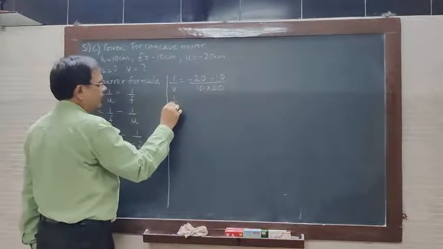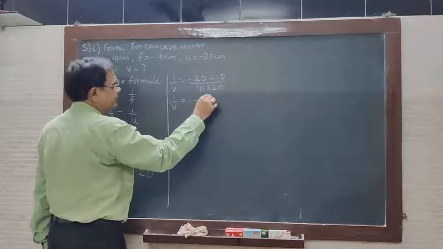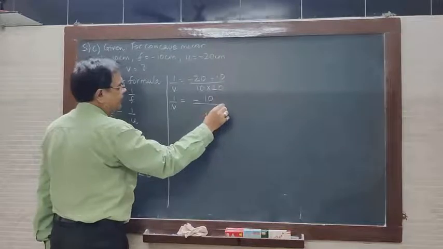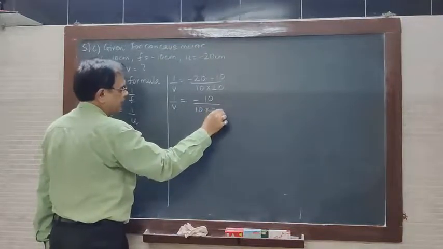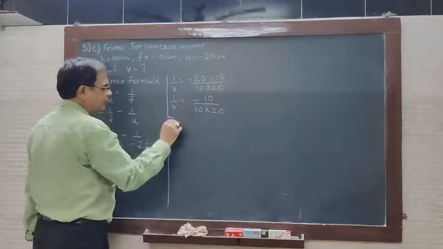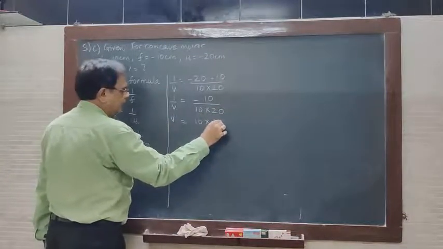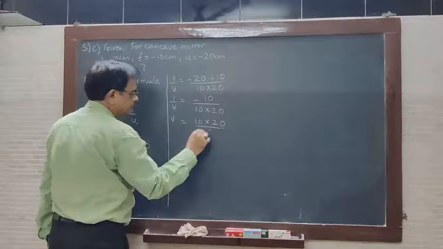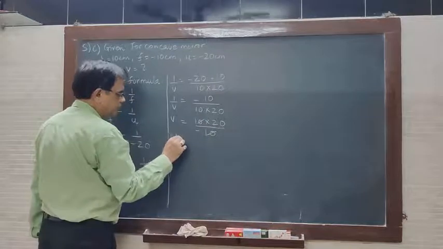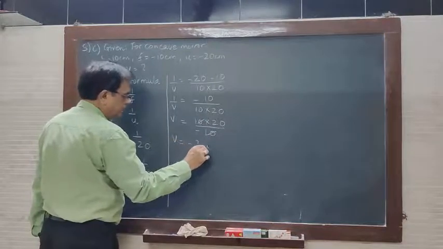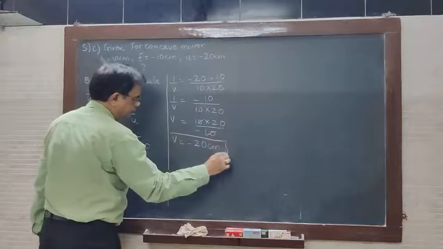So 1 upon V is equal to minus 20 plus 10, minus 10 upon 10 into 20. Okay, so I take the reciprocal of this. So V is equal to 10 into 20 upon minus 10. 10 ones are 10. So V is equal to minus 20 centimeters. So I have found out V.